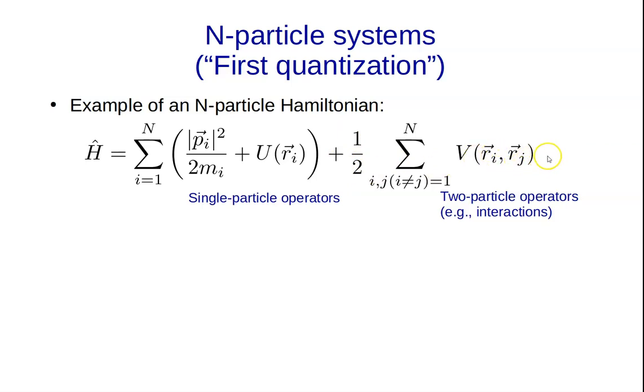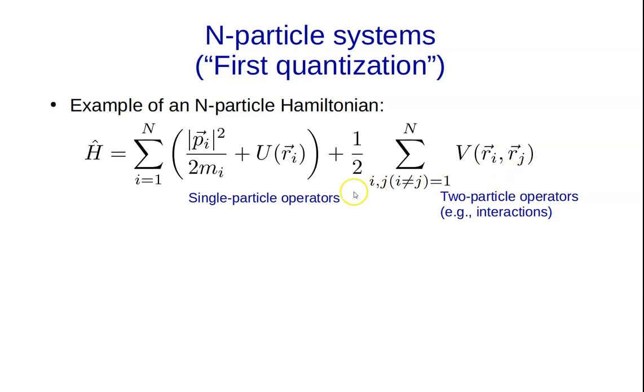Sometimes you might add 3 particle operators or 4 particle operators, but in condensed matter it is not as common as in, say, quantum chromodynamics, where you might have 3 particle vertices and things like that. For the most part in this course, we'll restrict ourselves to 2 particle operators, namely Coulomb interactions.